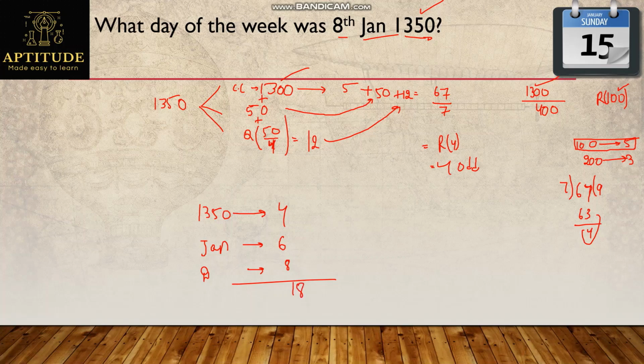So once again, we got 18 days, which is 4 odd days in total. Considering the remainder of this, I'm getting 4 odd days. So 4 is the code for the particular day, which is Thursday. Which means once again 8th January 1350 falls on Thursday.